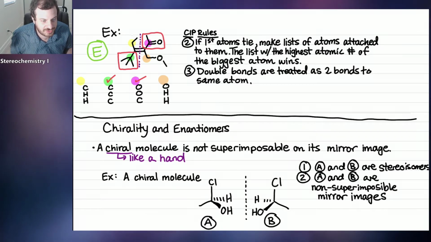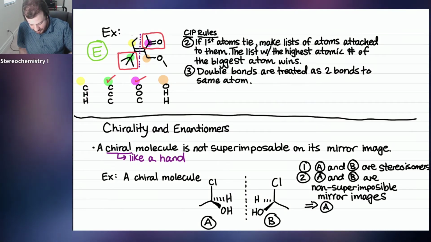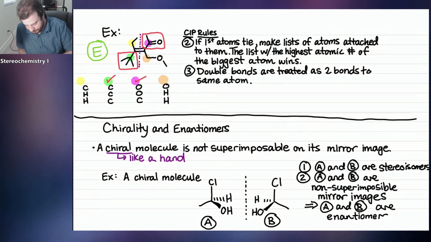And because that is true, A and B are said to be enantiomers. A and B are enantiomers.